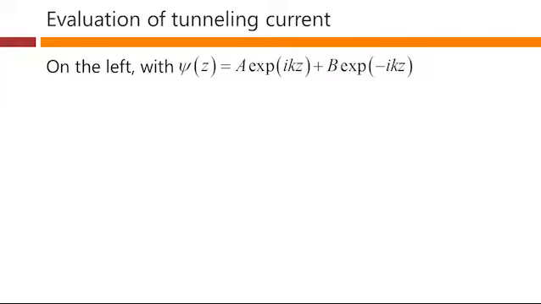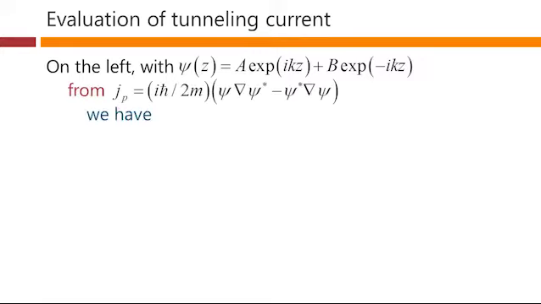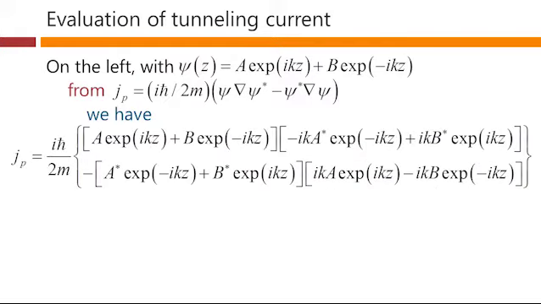On the left, with psi of z as a e to the ikz plus b e to the minus ikz, from this same expression here, we have a slightly more complicated looking expression, but in fact it simplifies out when we multiply everything together. We are in fact only left with these two terms.